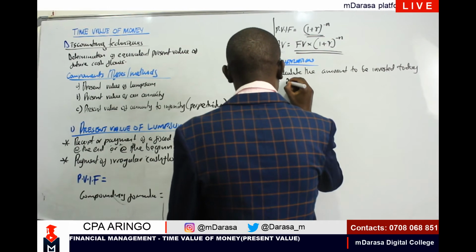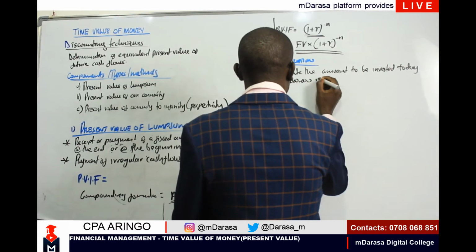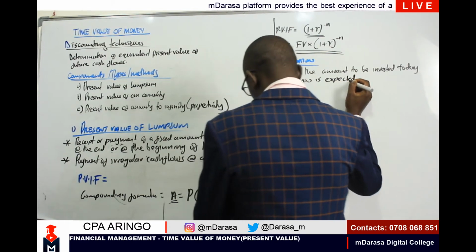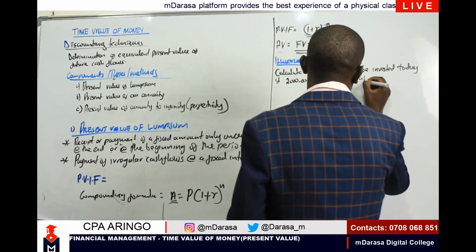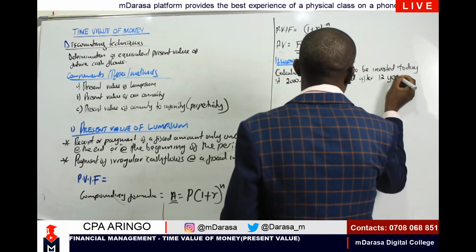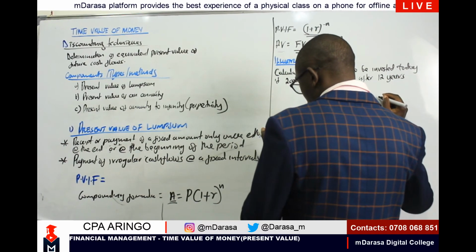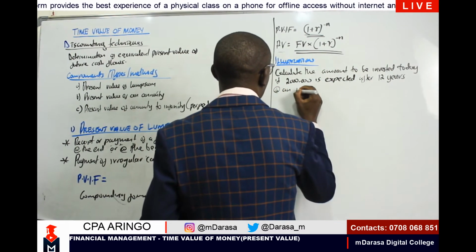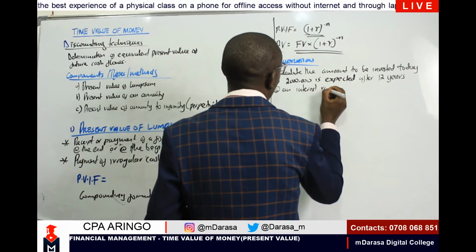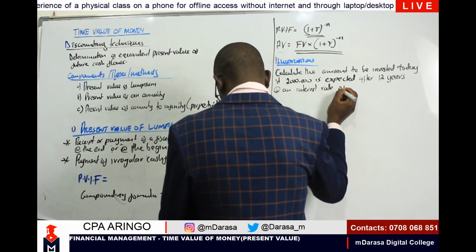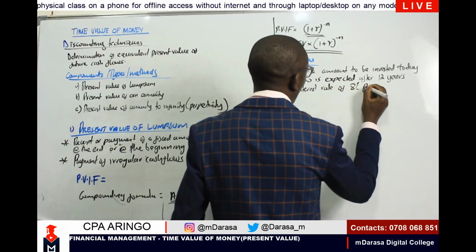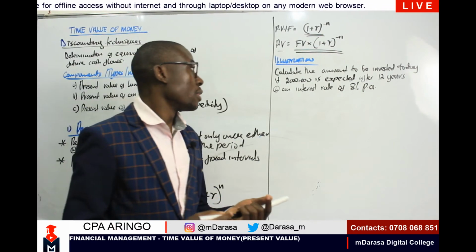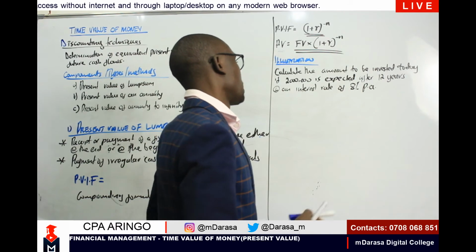If 2 million is expected after 12 years at an interest rate of 8% per annum, calculate the amount to be invested today.